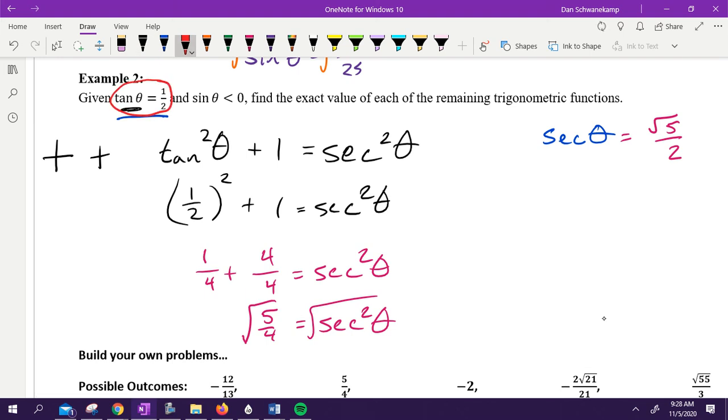If my tangent is positive, which two quadrants could I live in? Where they're the same sign. Tangent is positive, means they're the same sign. And sine is negative, means my y is negative. So if my y is negative and I know they're the same sign, I have to live in quadrant 3. And if I live in quadrant 3, secant has to be negative.